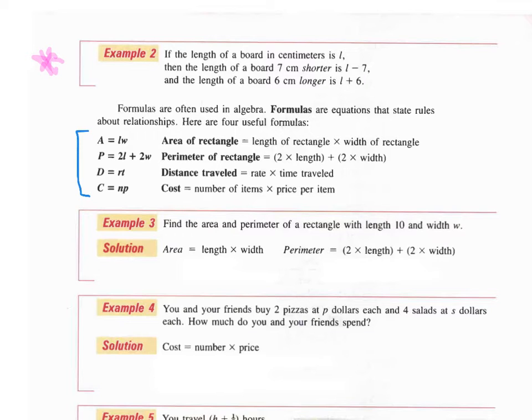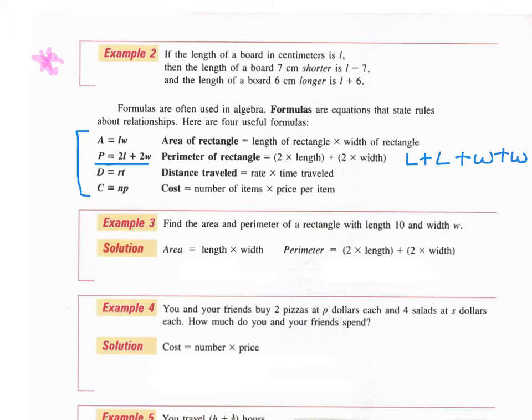The formula for perimeter, now technically when you're doing perimeter of a rectangle, you could also do L plus W plus L plus W. This formula right here is going to be beneficial to you when you're translating word problems, because we're going to learn how to set it up as a two-step equation. And then the distance traveled formula is just the distance is equal to rate times time. And then cost of an item would be however many items you're buying and then the price per item.